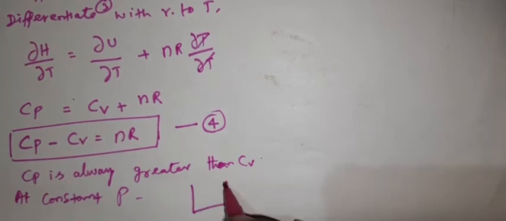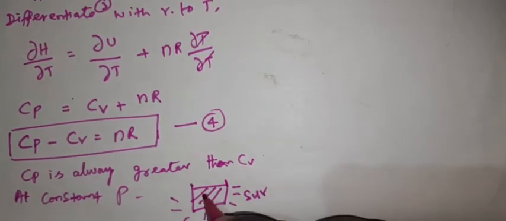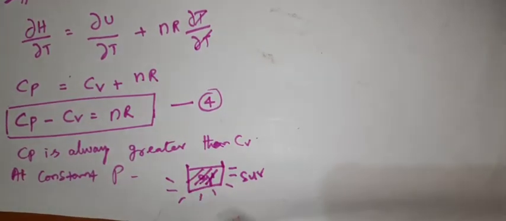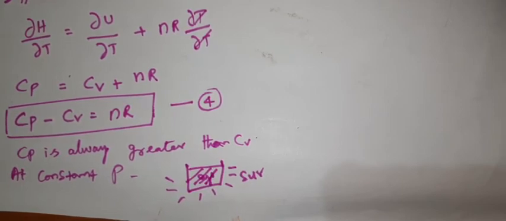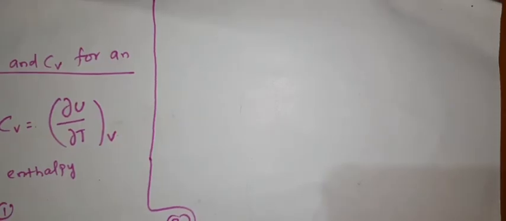For example, this is the system and this is the surrounding. When the system does work against the surrounding at constant pressure, it has to raise its temperature. So it requires more heat to effect a given temperature rise than at constant volume. So Cp is always greater than Cv. Clear? Okay, fine.